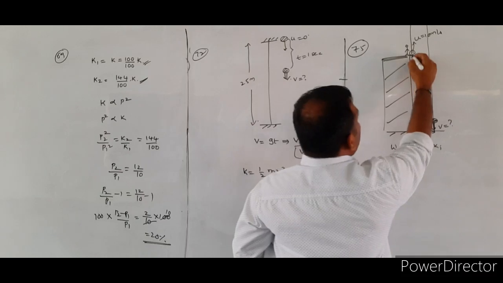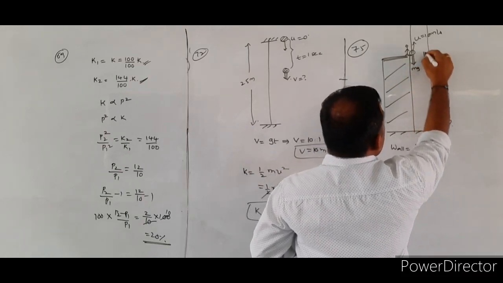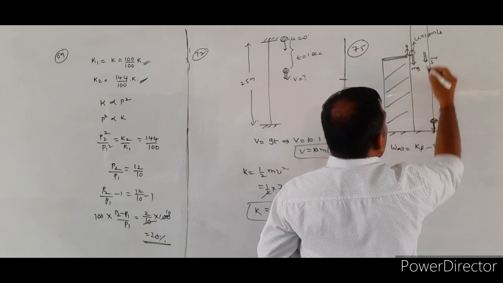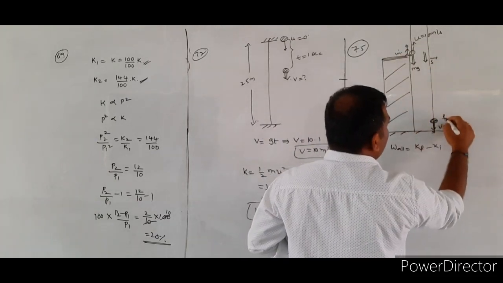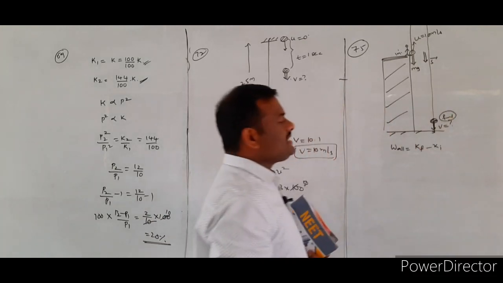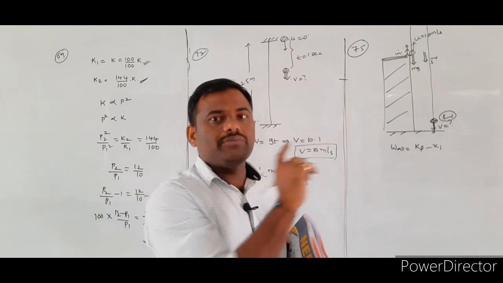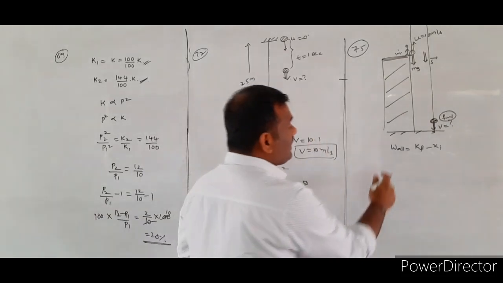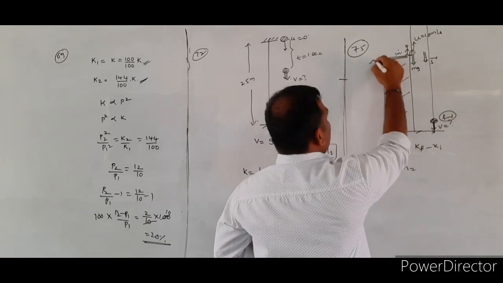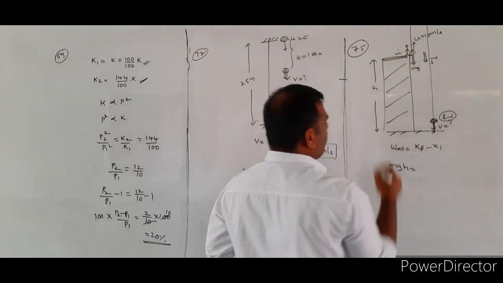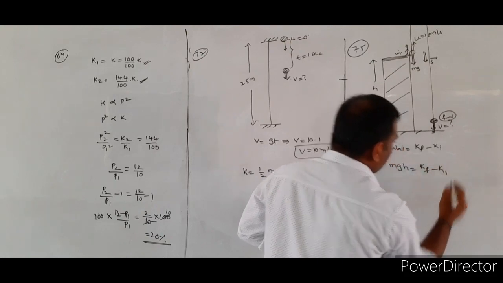The gravitational force acts in the downward direction, and the displacement of the body is also in the downward direction, because the displacement vector is always drawn from initial position to the final position. Therefore, work done by the gravitational force is equal to mgh, where h is the height of the tall building, and that equals final kinetic energy minus initial kinetic energy.